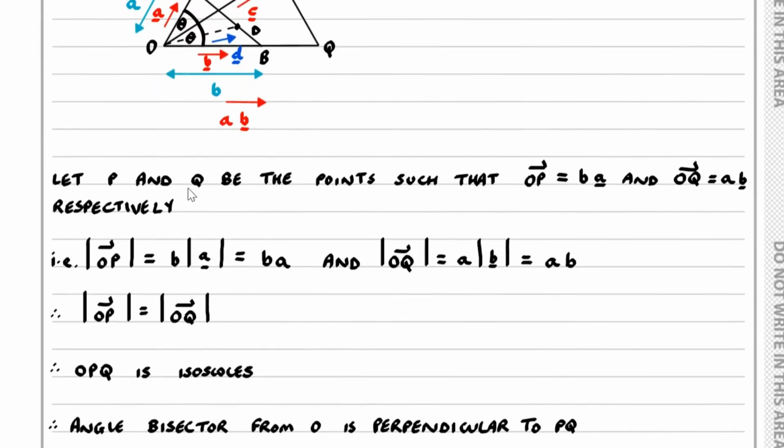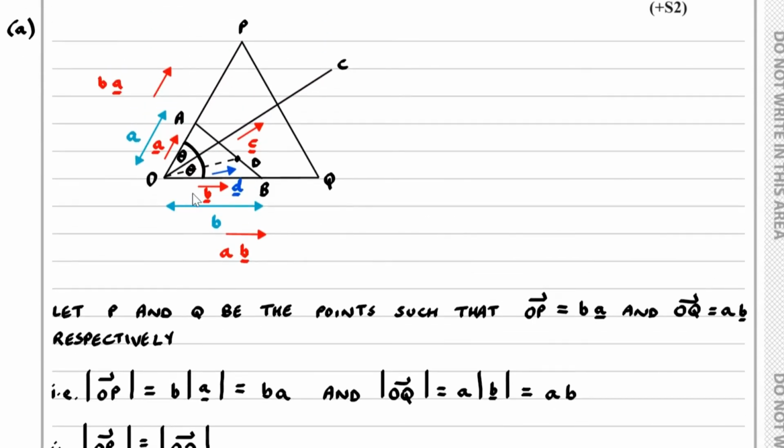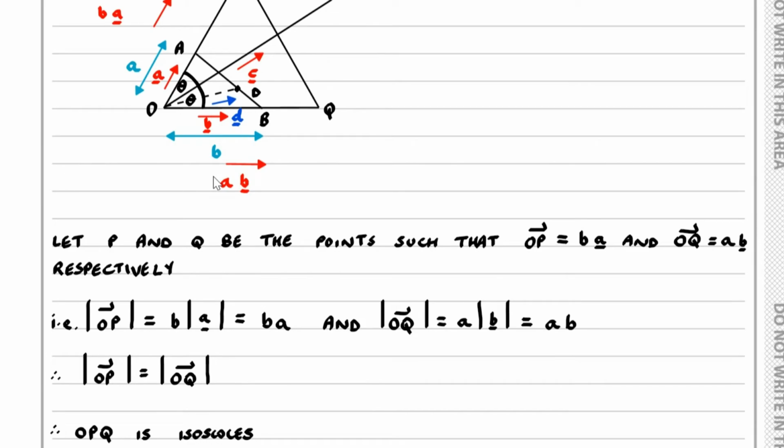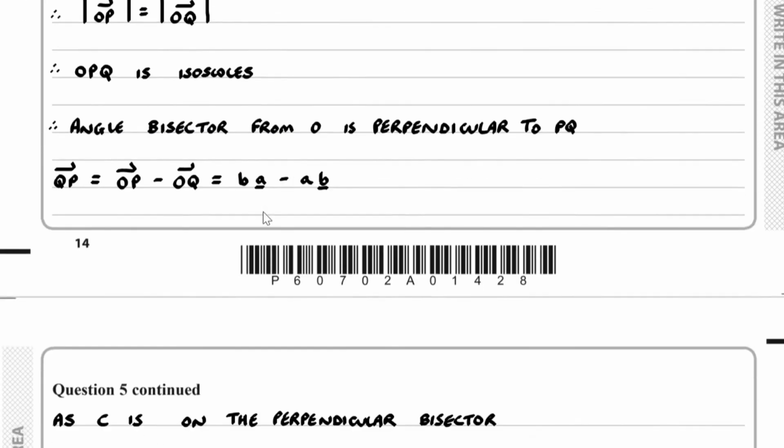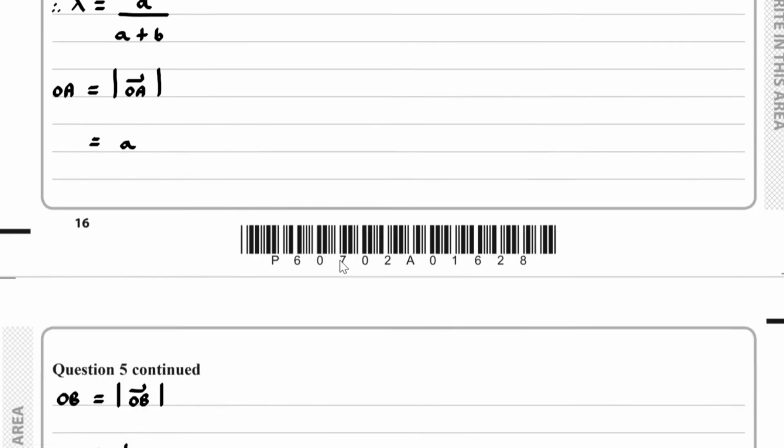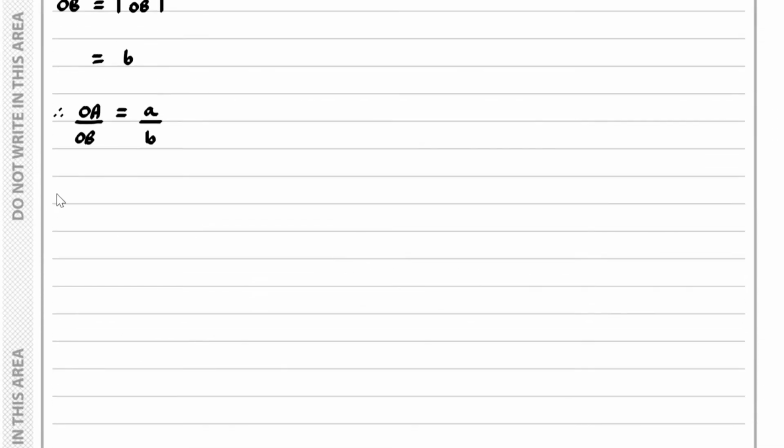If I work out what dA is, I can go D to O, and then O to A. So D to O is equal to negative d, and then O to A is just equal to a.